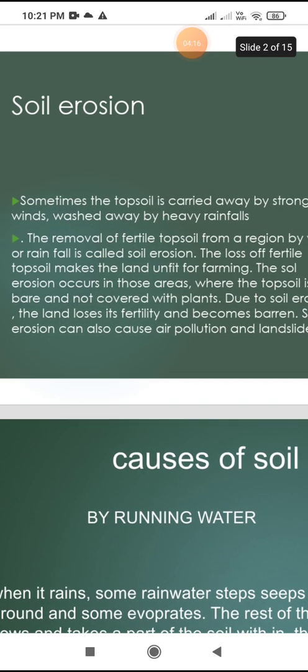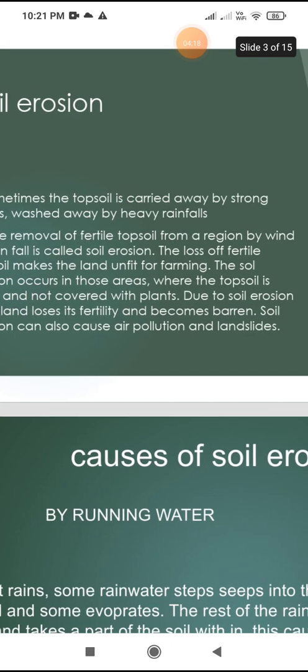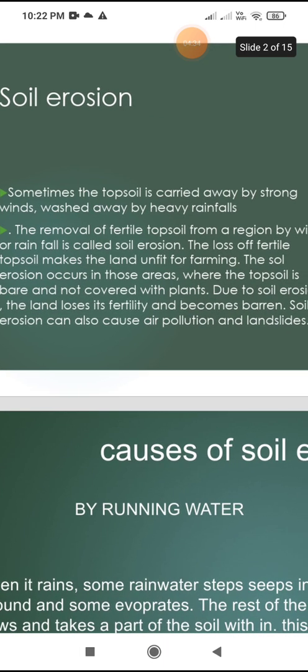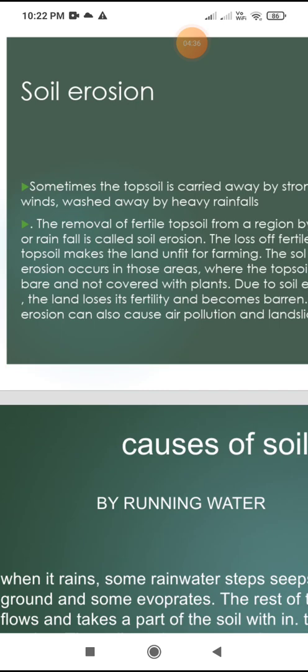The loss of fertile soil like topsoil makes the land unfit for farming. So, wherever more soil erosion is taking place, farmers cannot use that soil for growing crops. The soil erosion occurs in those areas where the topsoil is bare and not covered with plants. Now we will see how this soil erosion actually occurs with the slideshow.